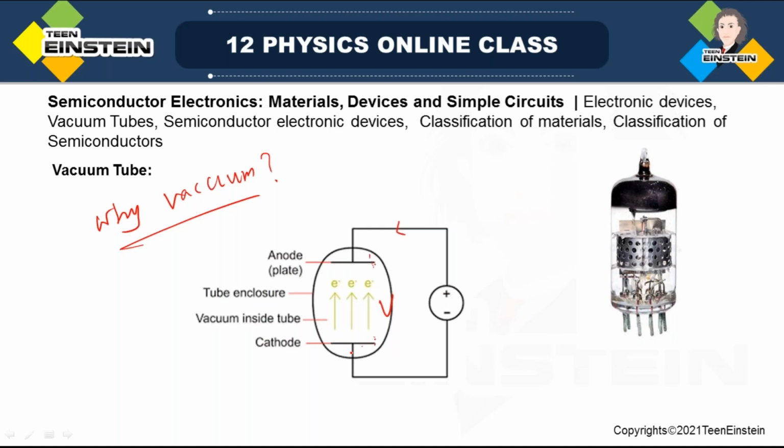But there are a few things we need to know. In vacuum tubes, flow is always from cathode to anode, so electrons flow in only one direction.